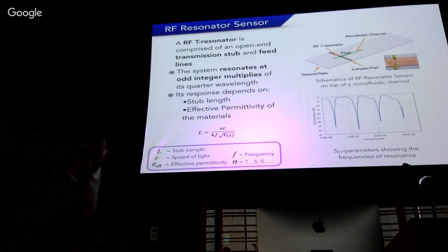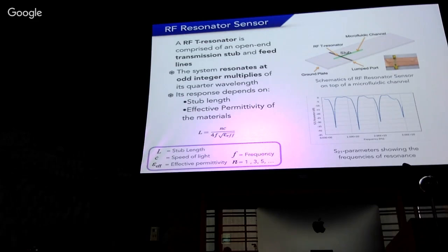The second sensor that we designed is an RF resonator, where RF means radio frequency. Here we are using frequencies in the gigahertz range. The T resonator is a microwave circuit that is formed by some metal lines that have the shape of a T. This one here is the feed line, and this one is a stub.